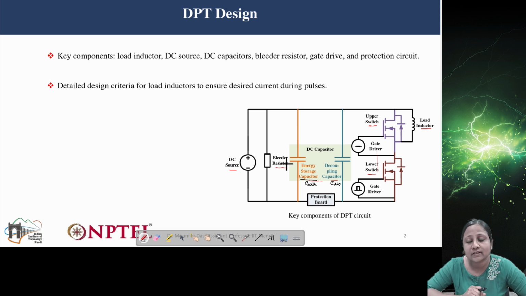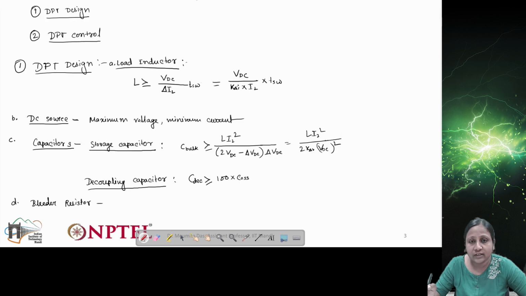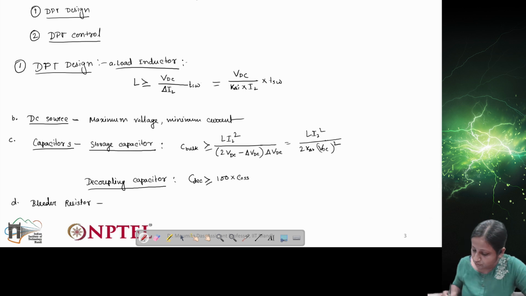Now we have to select this bleeder resistor depending upon certain conditions. What are the conditions? Although we are using it for discharging the capacitor, we want the power loss in this resistor to be very low. So the first condition is low power loss, when the test is completed.